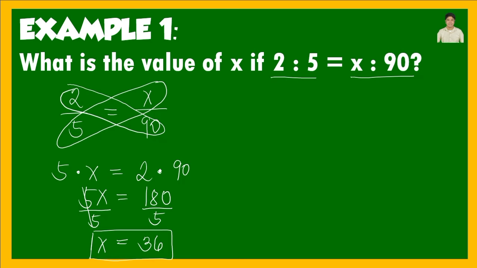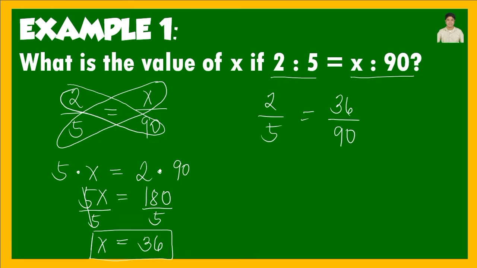Is there a way to check if our answer is correct or not? Yes po. Malalaman po natin na mali ang sagot or tama kapag kinuha natin yung cross products. So, i-substitute ngayon natin yung value ng x, which is 36. So, magiging 2/5 equals 36 over 90.